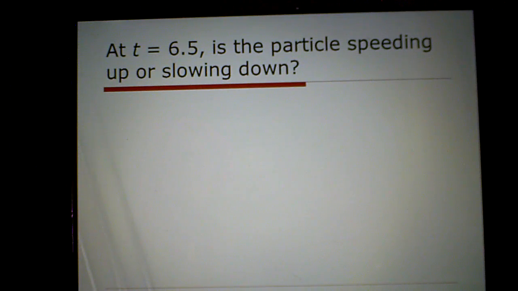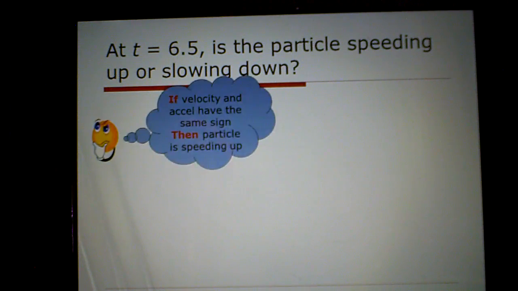All right, for the same function, at a different time, is the particle speeding up or slowing down? This we also talked about in our PVA unit. If velocity and acceleration have the same sign, then you think of the particle as going faster. Two forces acting in the same direction.